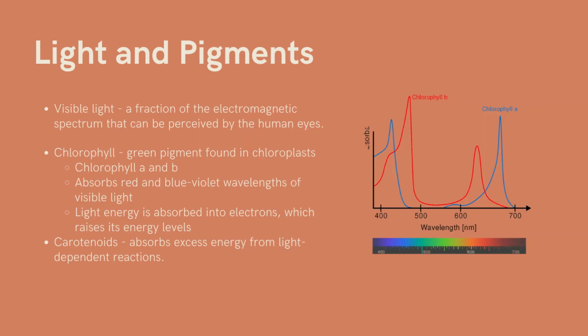So, mentioning light and pigments, let us focus now on light and pigments. As we have talked about in the first part of this lecture, the sunlight, from our sun, the closest star to the Earth, emits electromagnetic waves, which exhibit radiant energy.